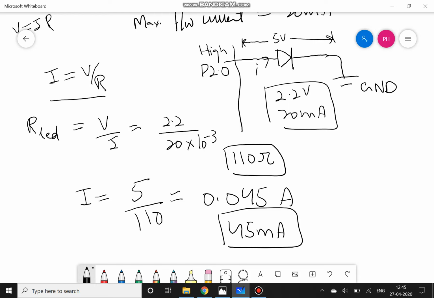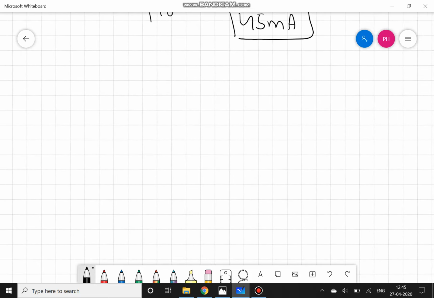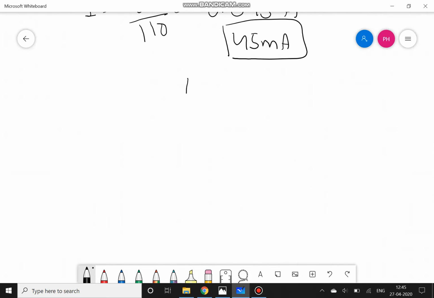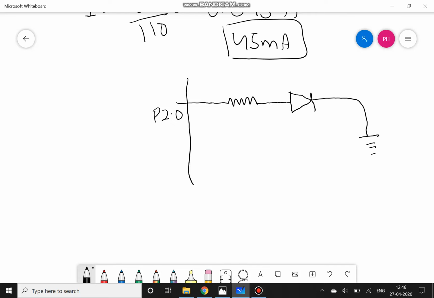So what we do is use a current limiting resistor in series with the LED. The configuration will be something like this. We have the microcontroller, maybe port pin P2.0. We connect a resistor to it, and then we connect this LED, and then to ground.